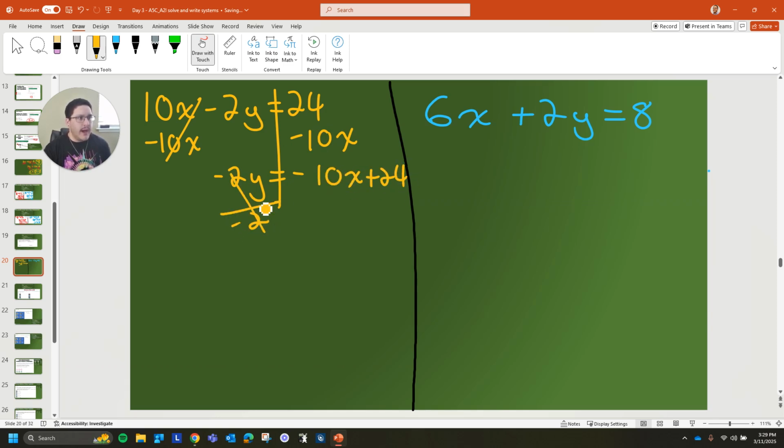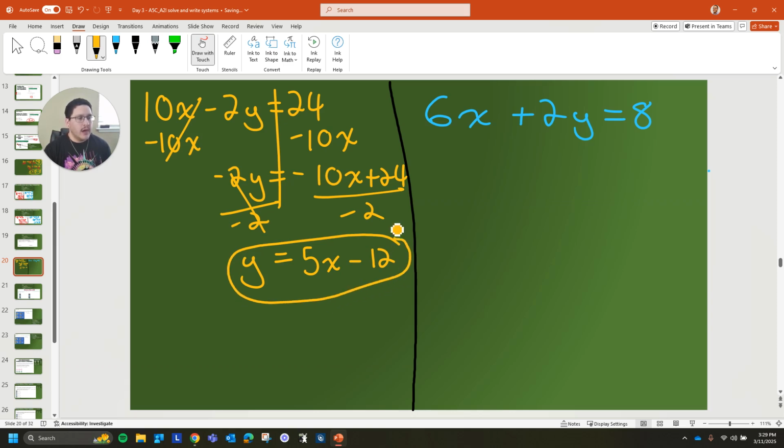Then divide both sides by -2. I'm going to get y is equal to, now everything on the right side is going to divide by -2. So -10 divided by -2 is positive 5x. 24 divided by -2 is -12. And then here is our slope-intercept form.